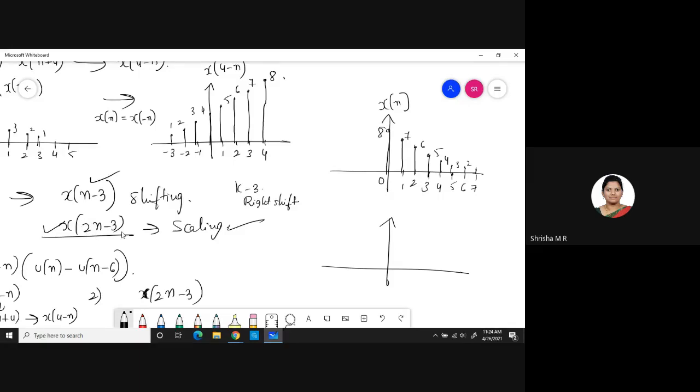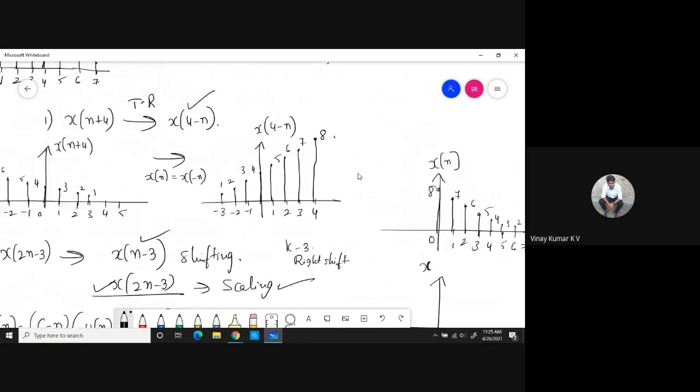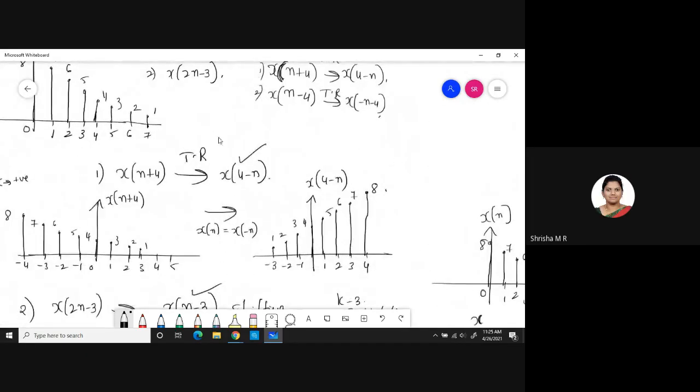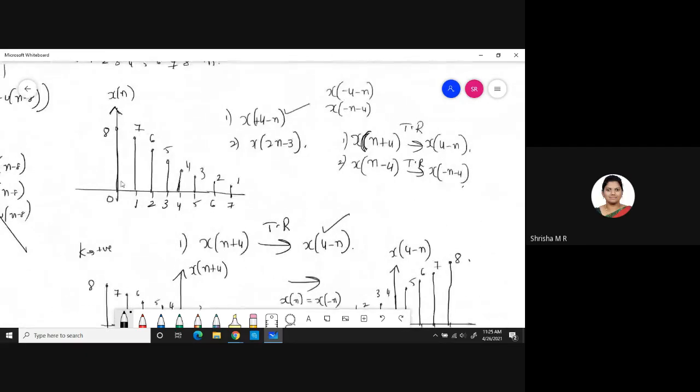Okay, now I'll plot x of n. Amplitude 6, what? X of n is wrong, ma'am. You have written 8, 7, 6, 5, 4, 3, 2, 1. Why? Ma'am, you have given different, U of n minus 6. This is x of n, right? This is what I have plotted there.